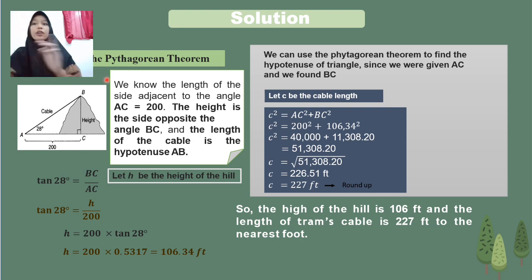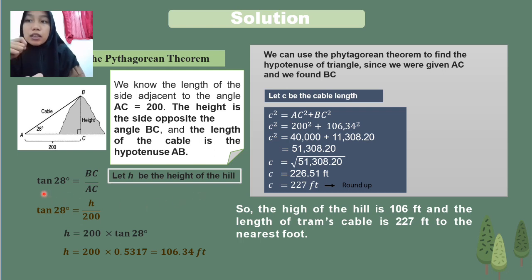And using the Pythagorean theorem, we know that the length of the side adjacent to the angle, AC, equals 200. The height is the side opposite the angle, BC, and the length of the cable is the hypotenuse AB. Let H be the height of the hill.